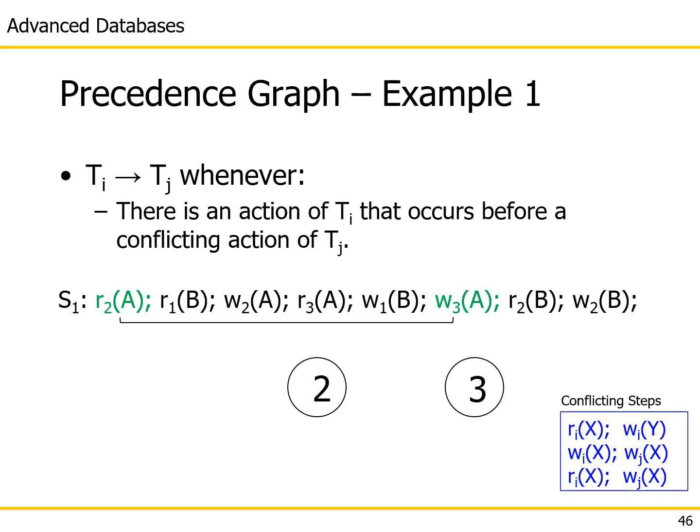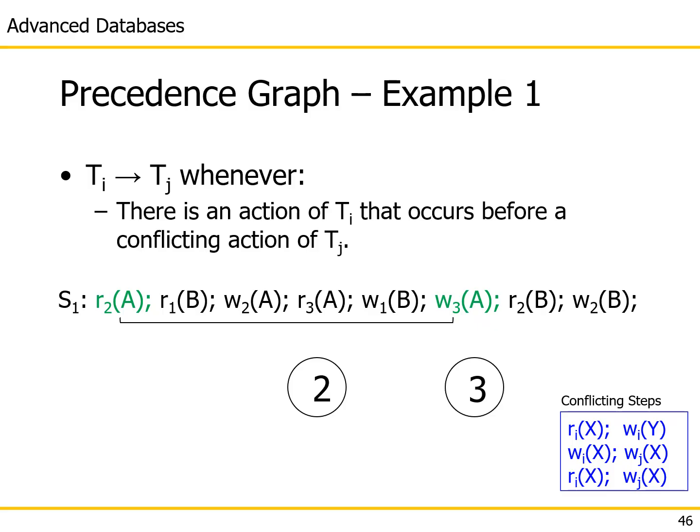I can point you now to one: transaction 2 reading A, transaction 3 writing A. I am looking for two different transactions reading and writing the same element. So this is the third conflicting step, which says R sub I, or transaction I, reads X, and transaction J writes X.